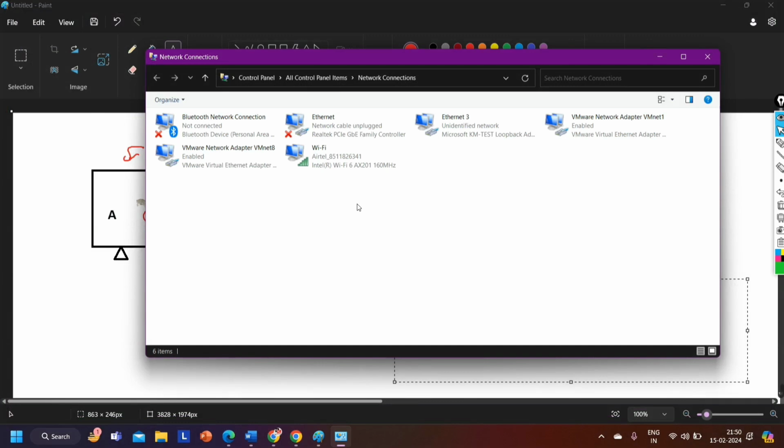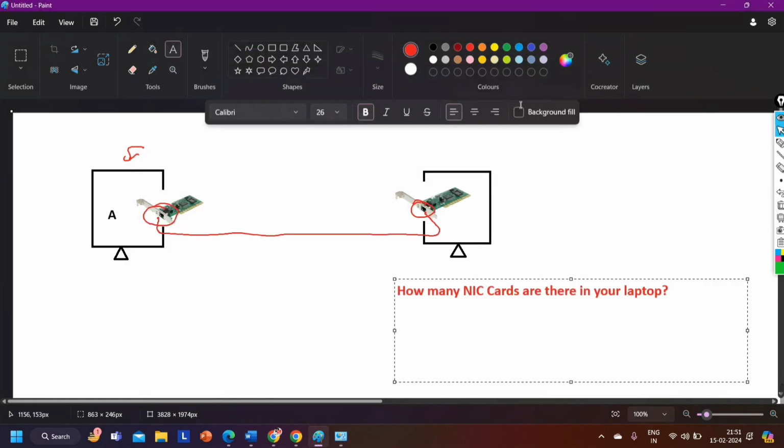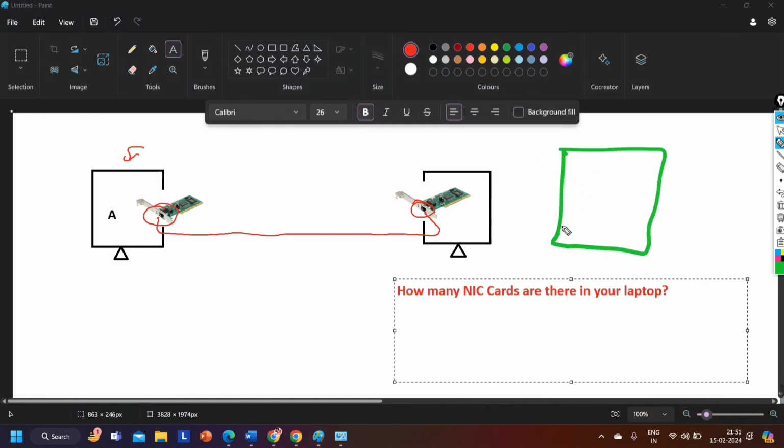Again, it can be virtual also, because nowadays virtualization is in the market, guys. And through virtualization on a single physical machine... virtualization means, let's say you have good hardware with a good CPU and good memory, but how many operating systems can you install on this hardware? Let's say you need to install Windows as well as Linux.